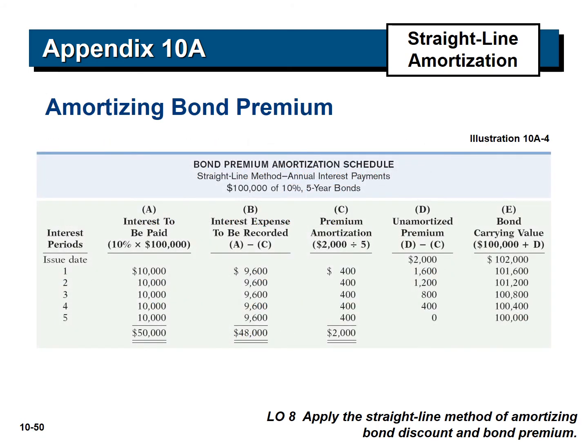And the bond amortization schedule, when it's a premium, looks just like the discount one with one exception. That's the last column here, and instead of subtracting, we add. So you take 100,000 plus the unamortized premium. Otherwise it's exactly the same.